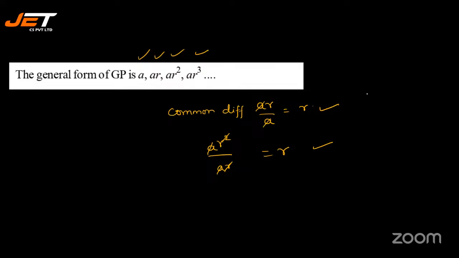Yesterday in arithmetic progression, we had A plus D, A plus 2D, A plus 3D, and so on. Here we are doing AR, AR square, AR cube. So I'm sure you all would have understood and made a note of this.